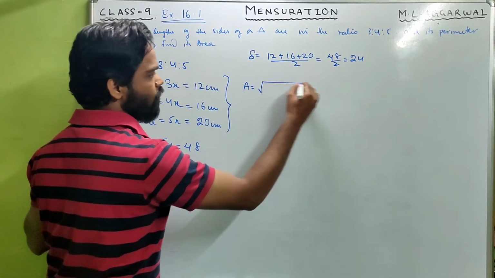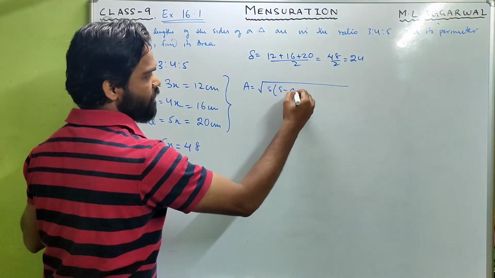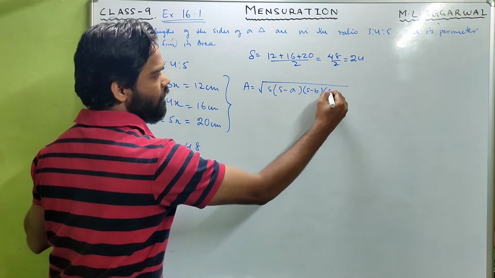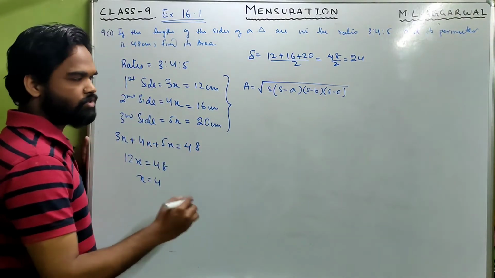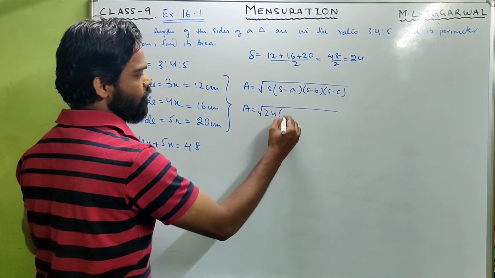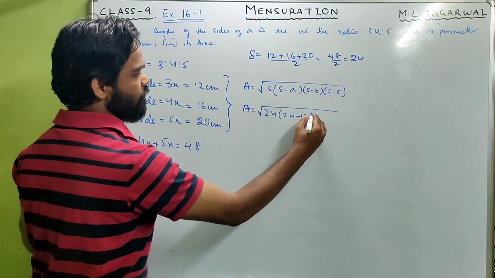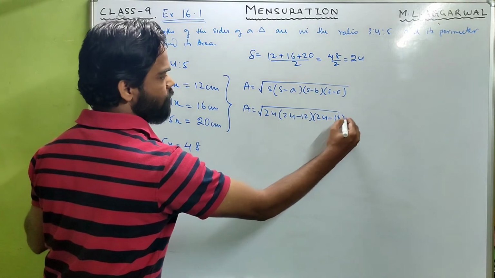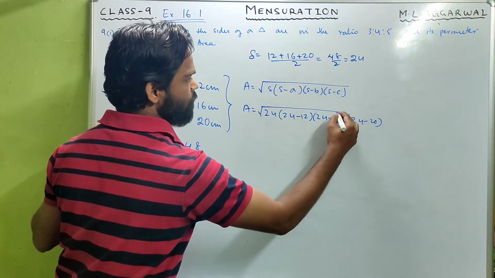Now find the area. Area is given as root of S, S minus A, S minus B, and S minus C. Heron's formula. So area is root over of S is 24. 24 minus 12. 24 minus 16, 24 minus 20.